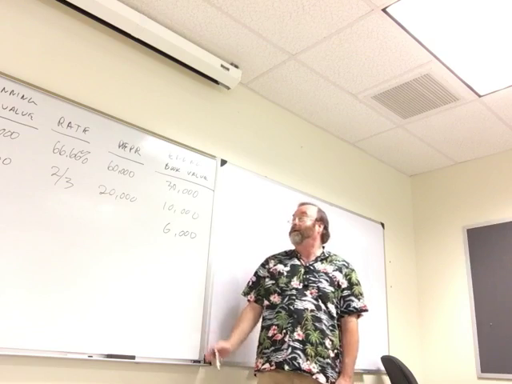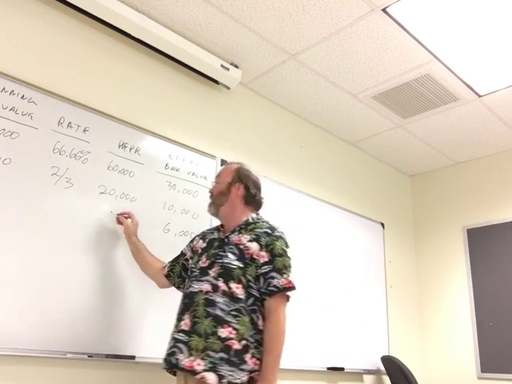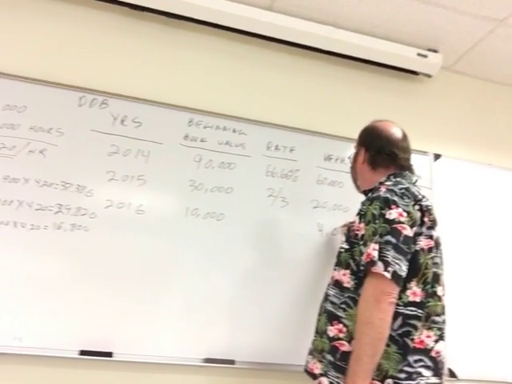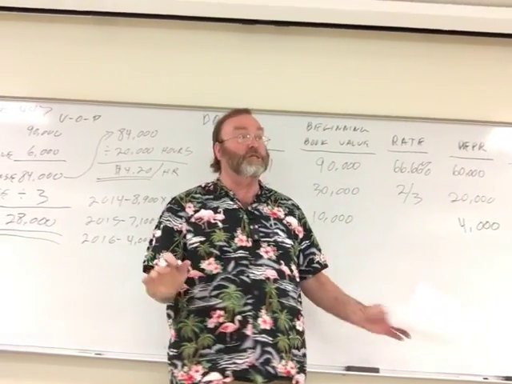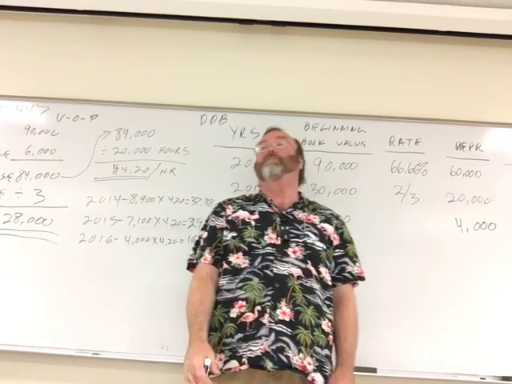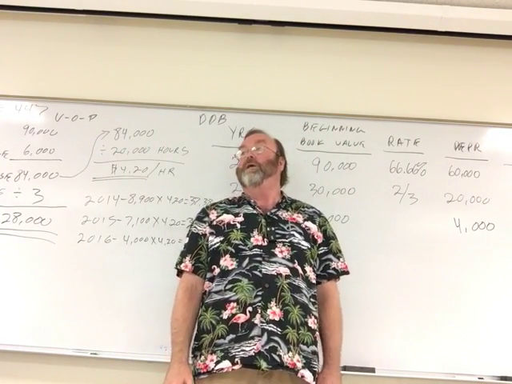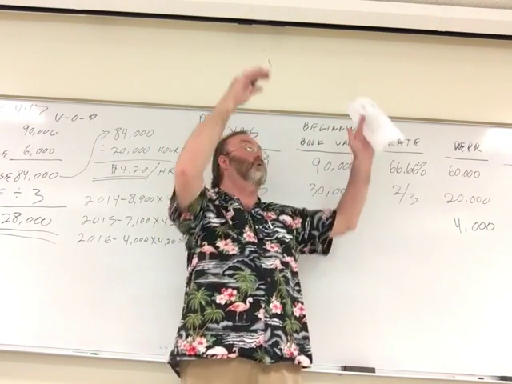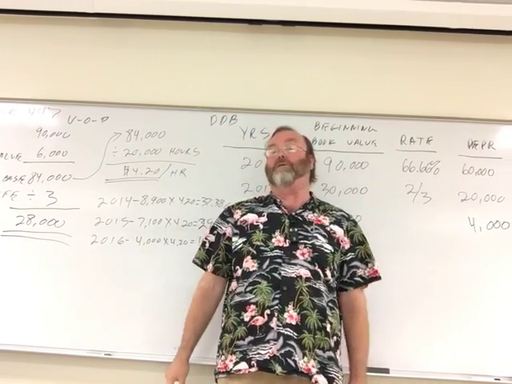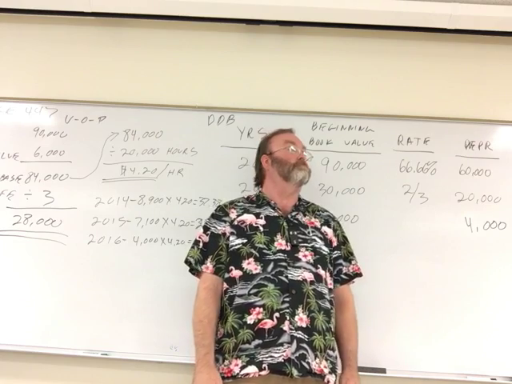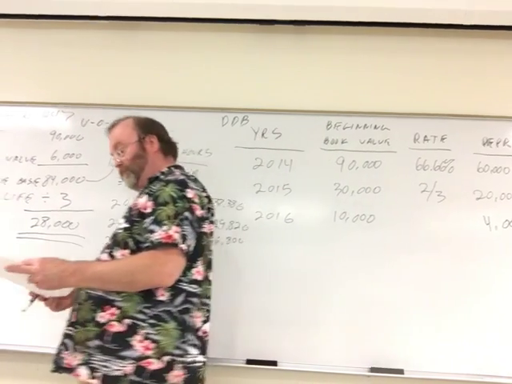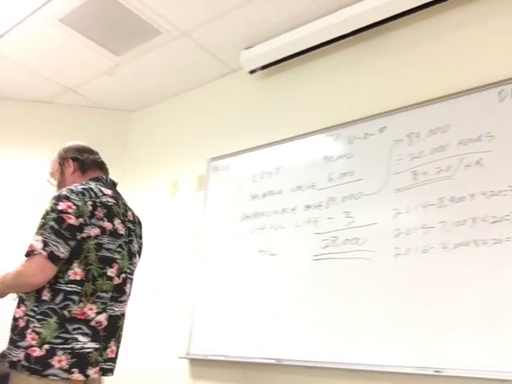We don't do that. So what do we have left? $4,000. That's the depreciation in the final year. You'd never depreciate it below the residual value. Okay? That's a fun one.